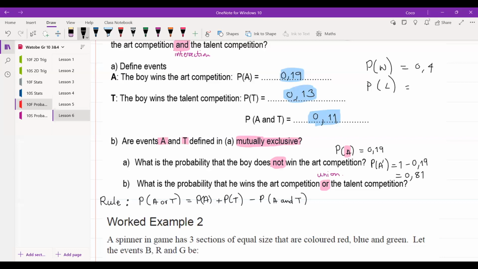Are you there, Sinako? Yes, I'm going to say 1 minus 0.4. Correct, 1 minus 0.4. So the probability of you losing is 0.6. Agreed.